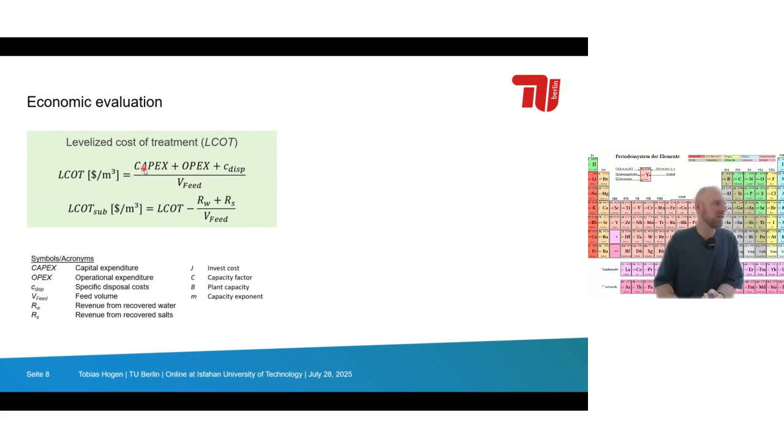We have the invest and operational cost, CAPEX, OPEX, and disposal cost. So you also have to consider what are the residues and effluents that have to be disposed of in your process, and all relate this to the feed volume flow.